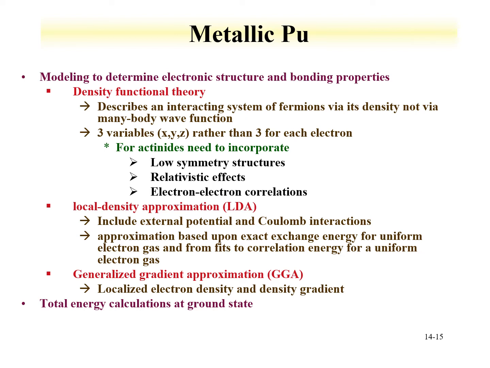And then there's the generalized gradient approximation. These are localized electron density and density gradients. All these terms are often employed if you read papers related to density functional theory, DFT computations involving the actinides. These terms will be used.